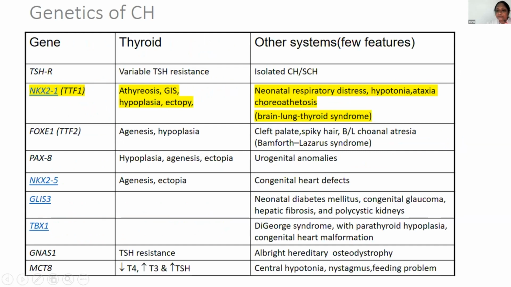It can cause hypotonia, ataxia. Similarly, there are a number of genes which are mentioned here with other system involvement as well. So particularly when there is any other system involvement, we need to do the genetic test to confirm this, if it is available. Treatment would be the same.